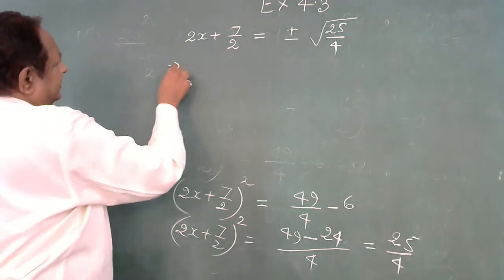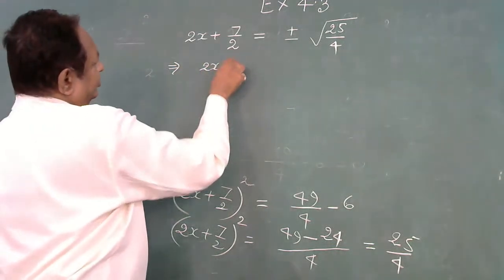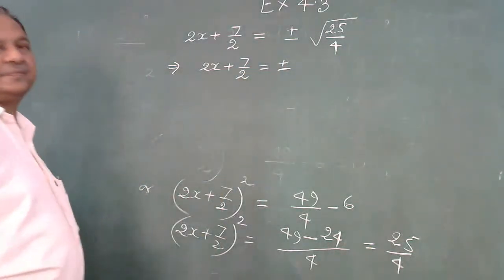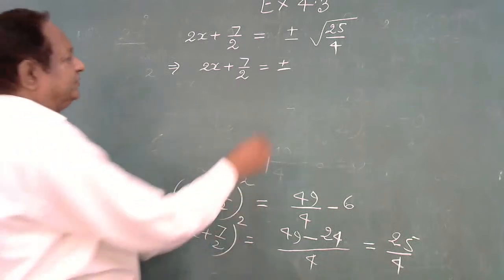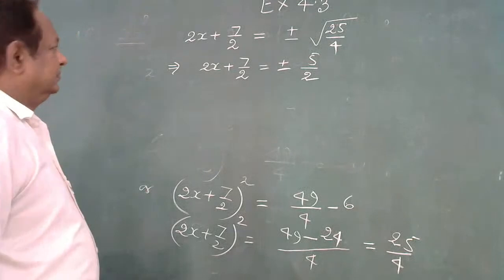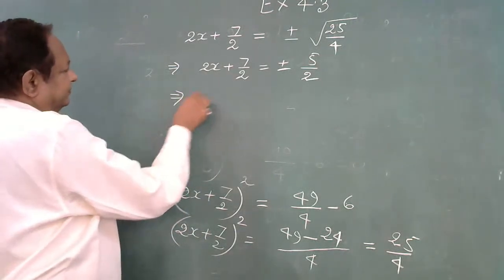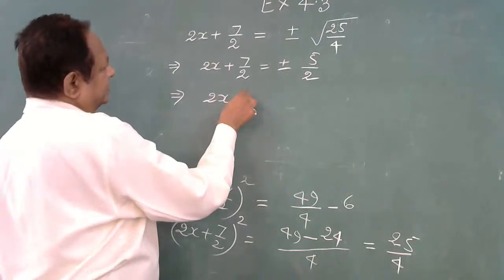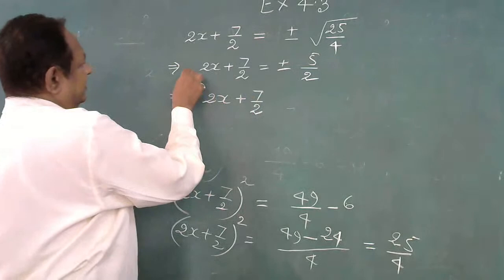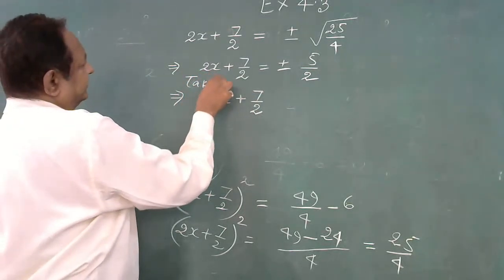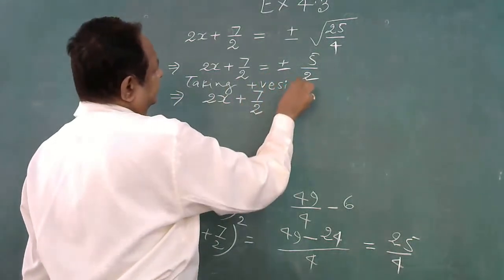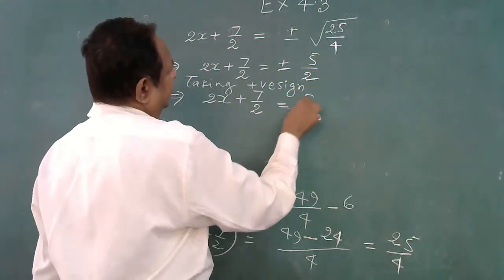This implies that 2x plus 7 by 2 is equal to plus minus, the square root of 25 is 5, and of 4 is 2. This implies that 2x plus 7 by 2, so taking the positive side, is equal to plus 5 by 2.